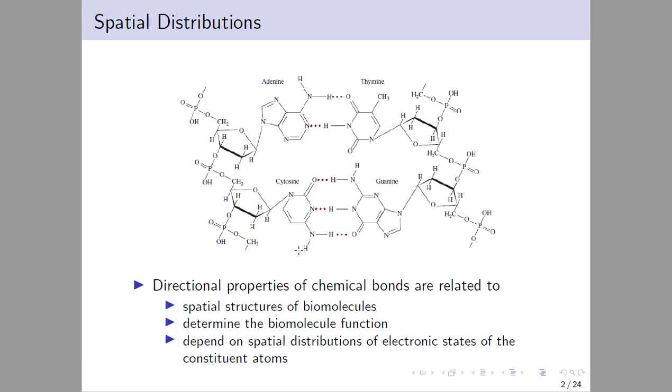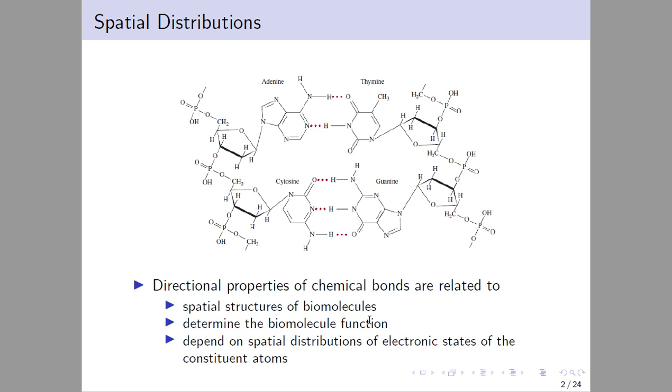So what we can say is that directional properties of chemical bonds are related to the special structure of the biomolecule. Between N and H, this is the length, and with this angle and length, it will determine the biomolecule function.